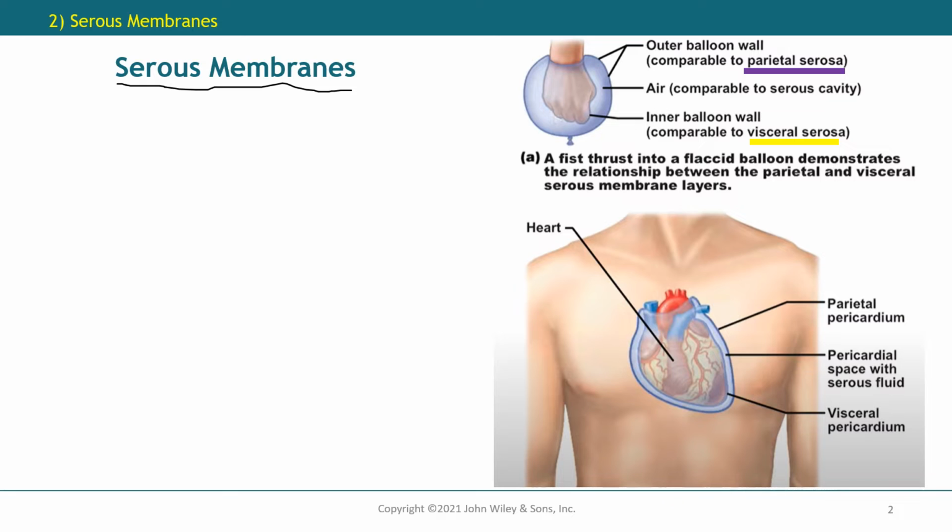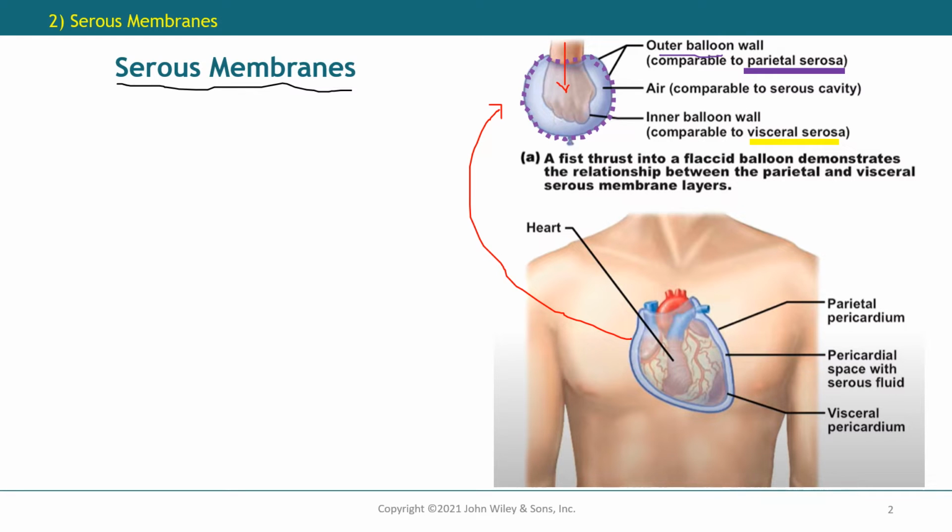The same thing that happens in your heart can happen when you have a balloon and you put air in it, so the balloon is not completely inflated, or you put water. So when you put your hand inside of the balloon, you're going to have three different sections. One section will be the outer balloon wall, which will be far from your hand.